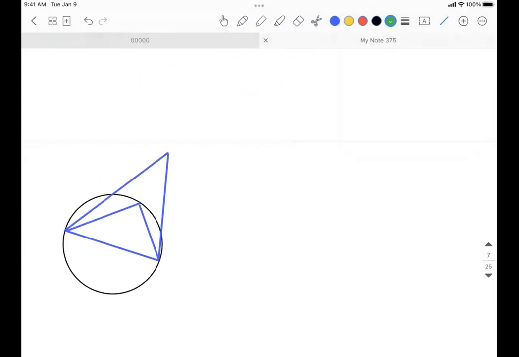I have an AP. This is A. This is B. This is P. Okay? And taken from there, I have an alpha. And this is my angle P. So basically, I have a point, which might be outside, inside, or on a circle. And also, I have an inscribed angle. They're actually facing the same chord.